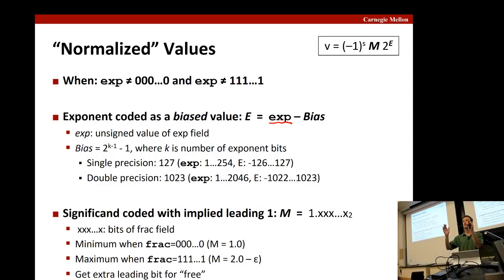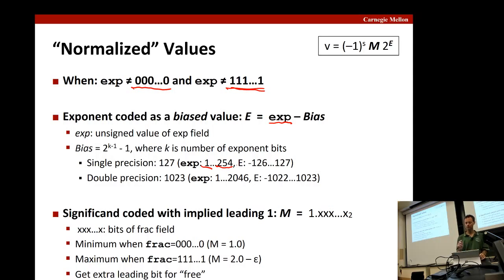So the bits that are there are going to be interpreted as an unsigned number that is going to range, because we're not in these two cases, from 1 to the largest number you can hold in that many bits, minus the fact that we're not allowing the all-ones pattern. So it goes from 1 to 254, as opposed to 0 to 255, because the normalized range truncates off those two endpoints.